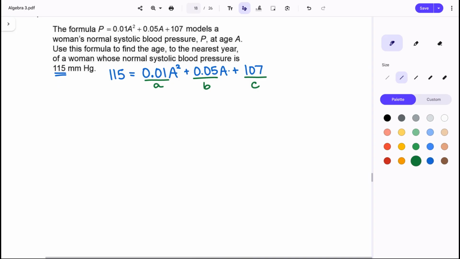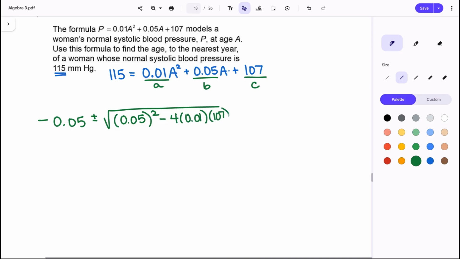So in for B, the opposite of B, we're going to do negative 0.05. Underneath our square root sign, our B squared is that 0.05 again, minus 4, the A would be 0.01, C is 107, and this is all over 2 times 0.01.